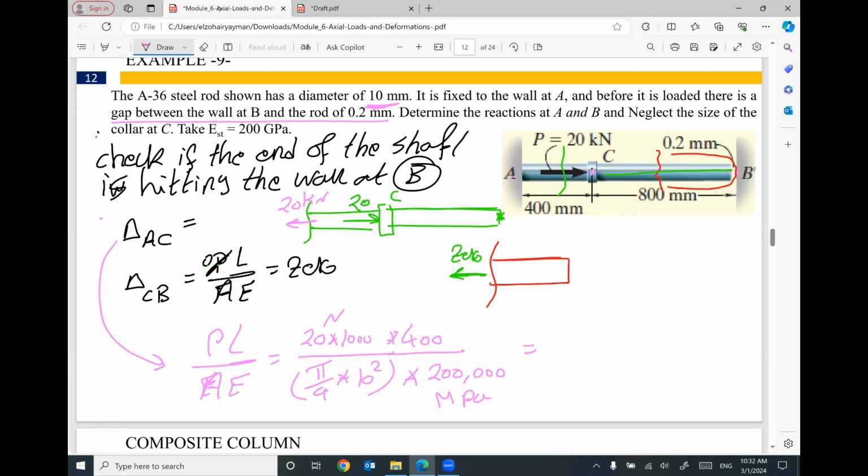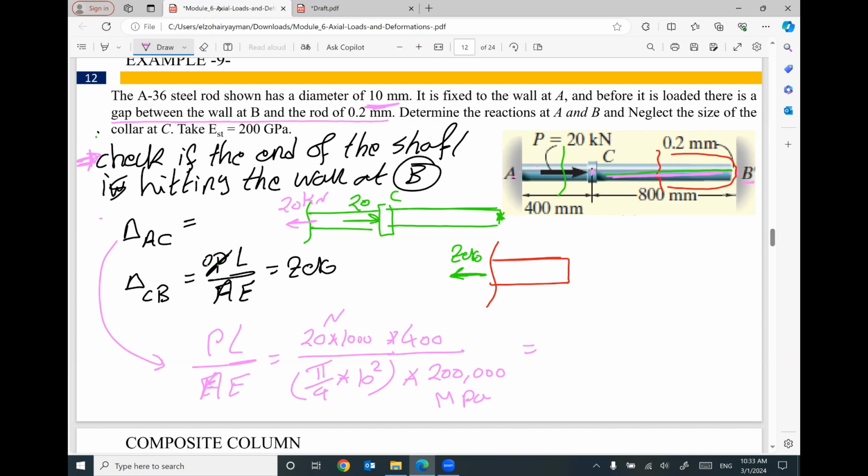so first of all, I'm assuming there is no contact between the end of the shaft and the wall at B. In this case, we will have only force in part AC equal to 20 kilonewton. And we don't have any force in part CB because we don't have any contact so far with the wall.